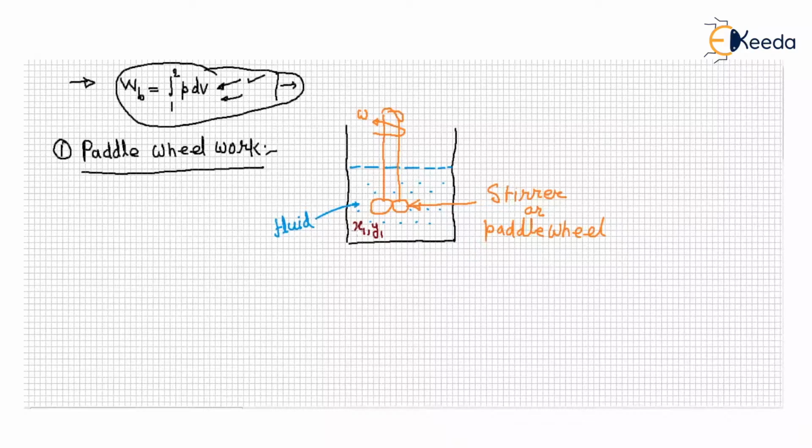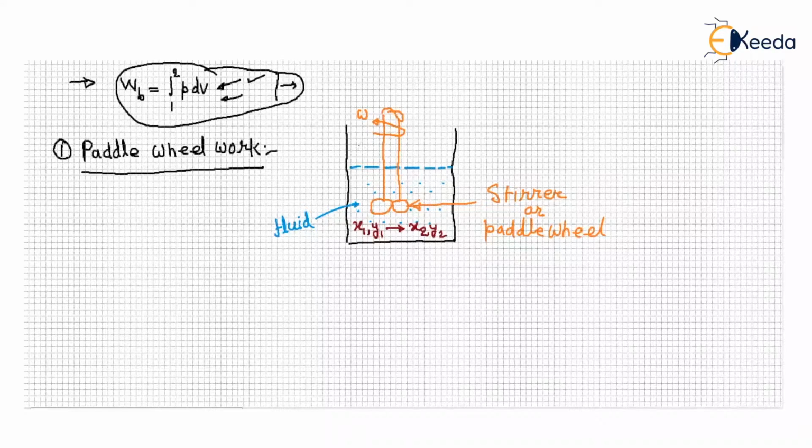When you rotate the paddle wheel inside the fluid, your common intuition is that its properties will change, from x1 y1 to x2 y2.